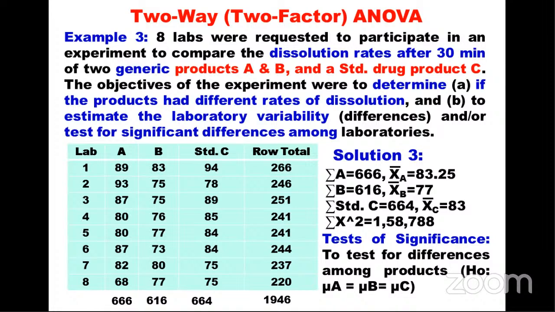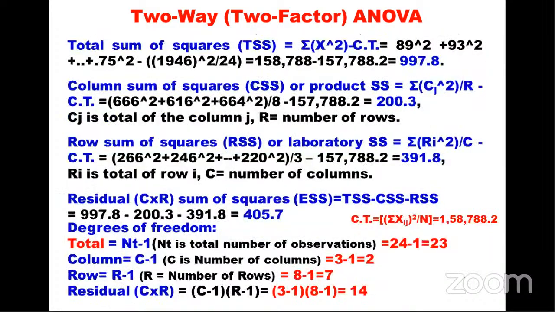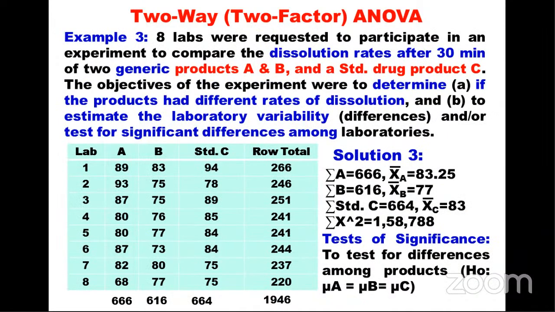Let's hypothesize that mu of A, mu of B, and mu of C are equal. There are so many possibilities here. Mu of A may not be equal to mu of B, which may be equal to mu of C, and so on. I'm not going into detail on that. Just see whether their dissolution rate after 30 minutes is similar or not. That we'll see between and in all.